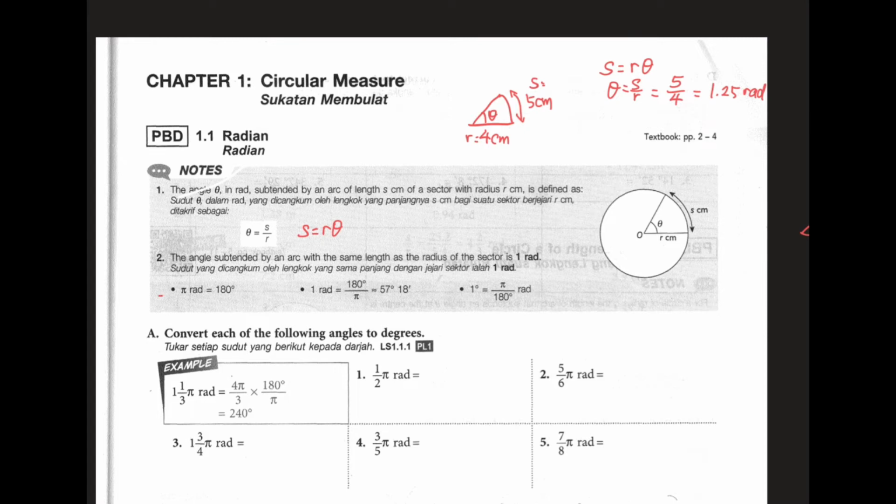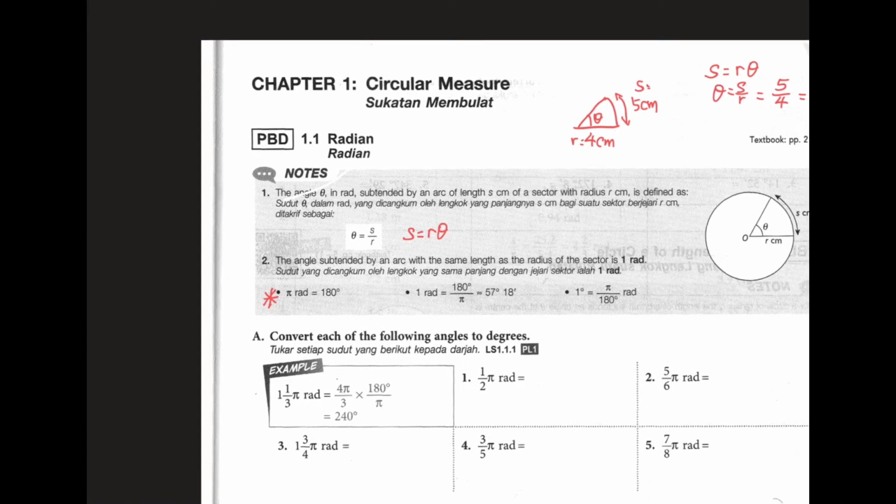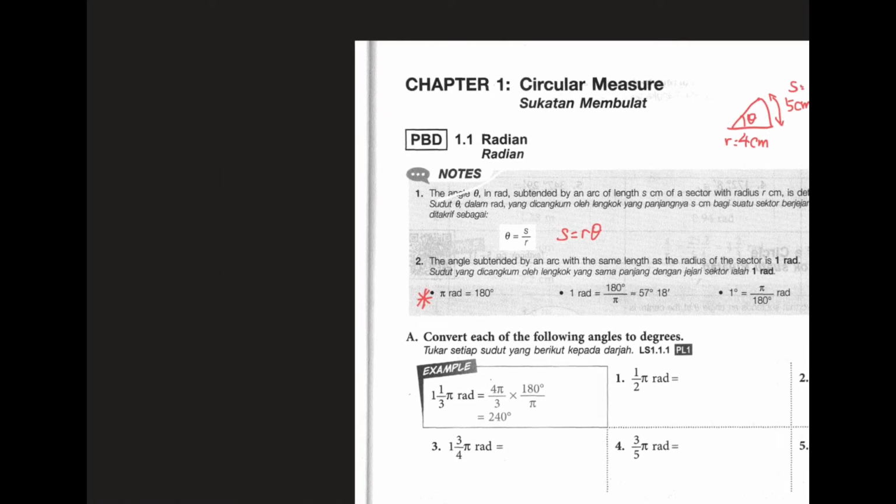Okay, so how important is it? Let's say I give you more examples. When you know pi is 180 degree, okay, now let's say I ask you, pi over 2 is how many degree? 360? It's not actually. You divide by 2 here, and then you have to divide by 2 here as well. 90. 90 degree, yes, correct. 90 degree.